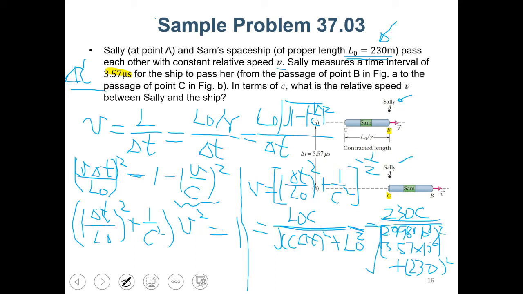So all in the square root. And the final answer will be 0.210C.